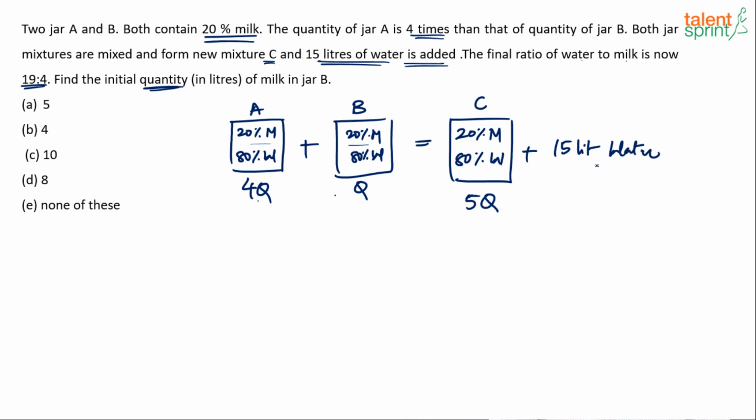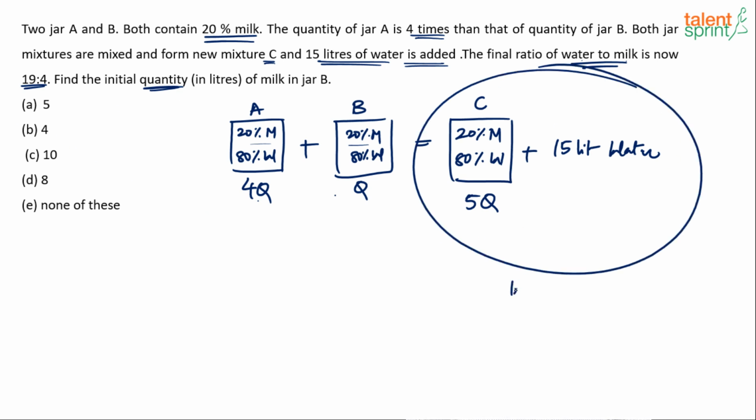So now the final ratio of water to milk is 19:4. So what was the initial quantity of milk in jar B? How much was milk in jar B is the question. How would you solve it? What we have done so far is only understood the question.